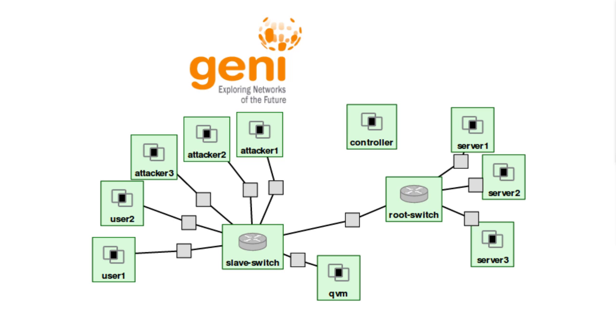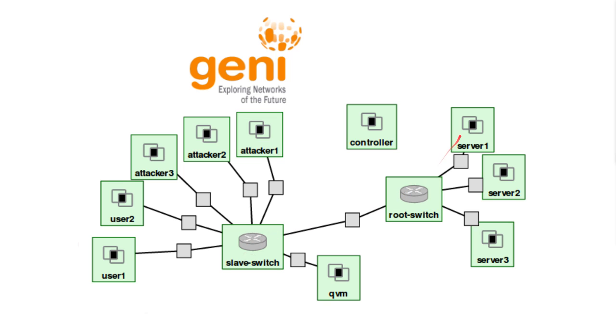What we're going to see in our demo in a moment is an attack coming from attacker 1 right here, and it's going to come to the slave switch, and initially we're going to be able to hit server 1 over here because we're leaving that traffic open.